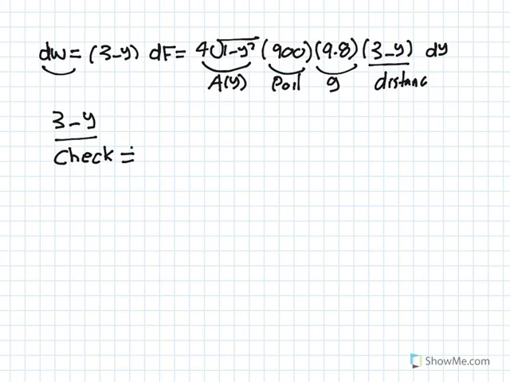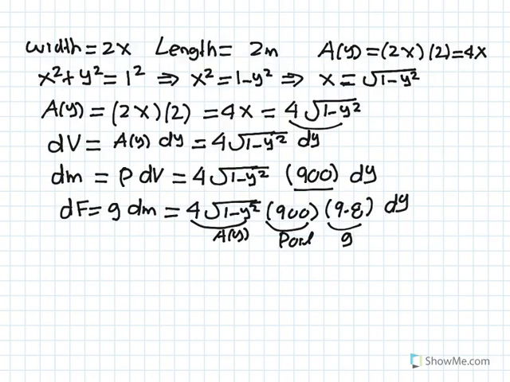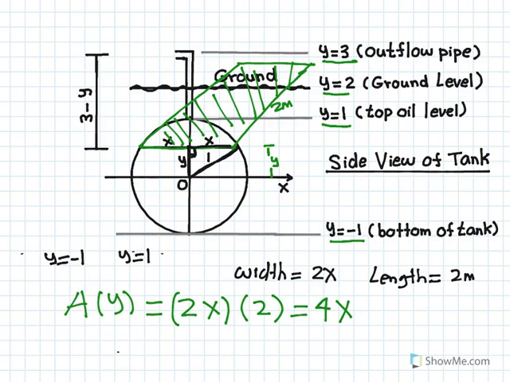So let's check y equals -1. This is the bottom of the tank. We get 3 minus y, that's the distance that this slice has to travel to the top. 3 minus -1 is equal to 4 meters. Does this make sense? Let's go back to the diagram. Clearly the bottom slice has to travel 1 plus 1, that's 2, plus another 2, that's 4. Clearly it has to travel 4 meters to get to the outflow pipe.